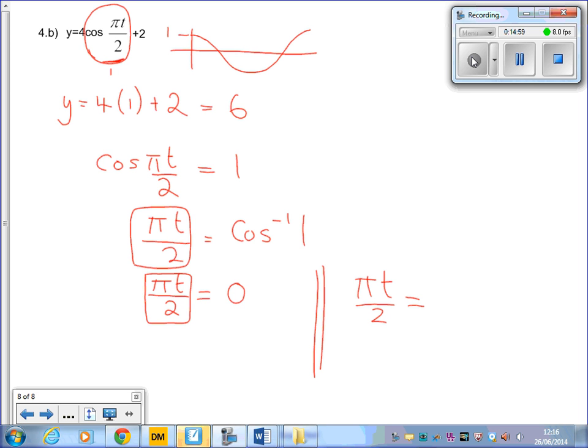Remember what it was for the second solution of trig, because it's 2 pi, take away your first value, so I'll end up with 2 pi, because 2 pi take away 0 is 2 pi.